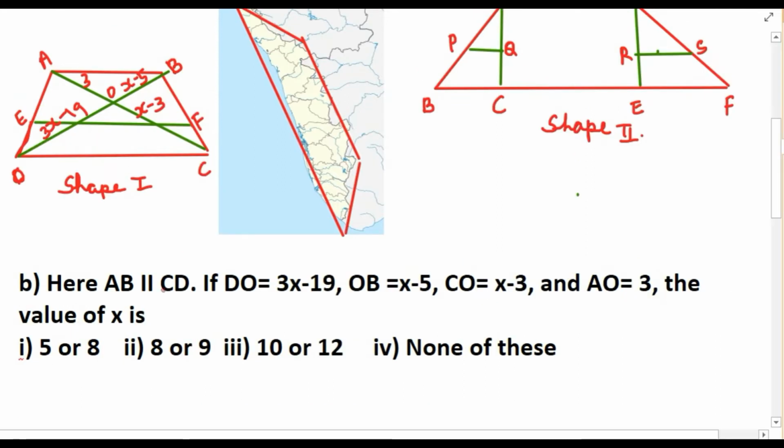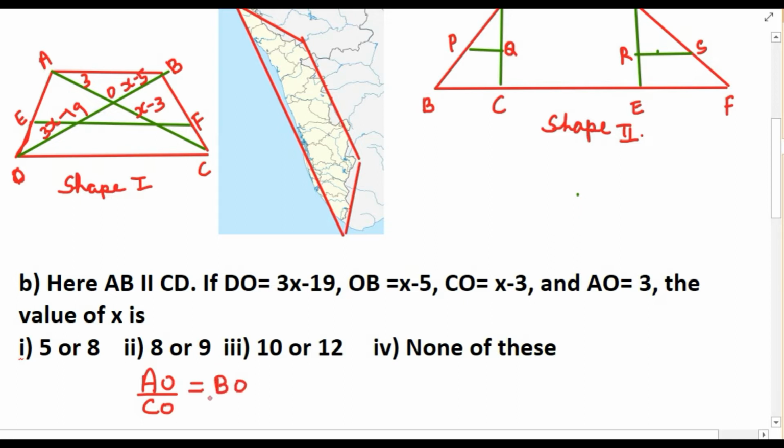So here we have already studied the Thales theorem. When we studied the Thales theorem, we proved this problem also. ABCD is a trapezium in which AB is parallel to CD and the diagonals intersect each other at O. Then we have studied this relation also, that is AO divided by CO equal to BO divided by DO.